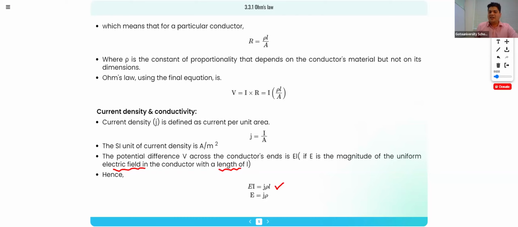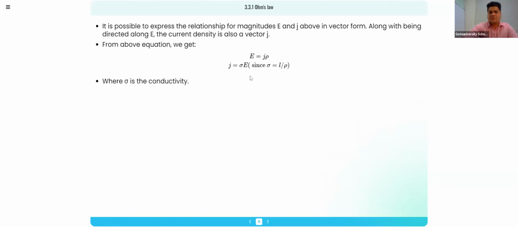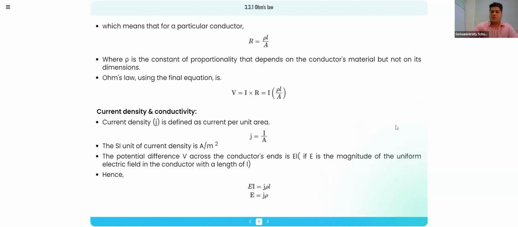Current density. So you can write it as E is equal to J rho.